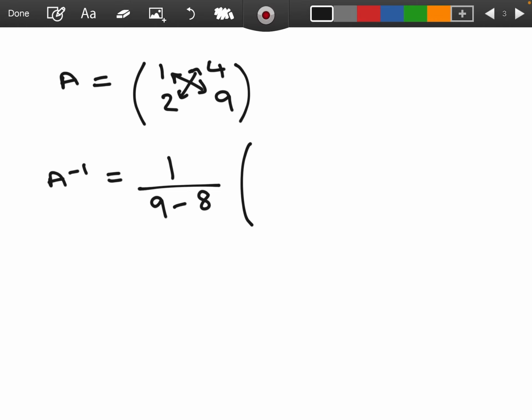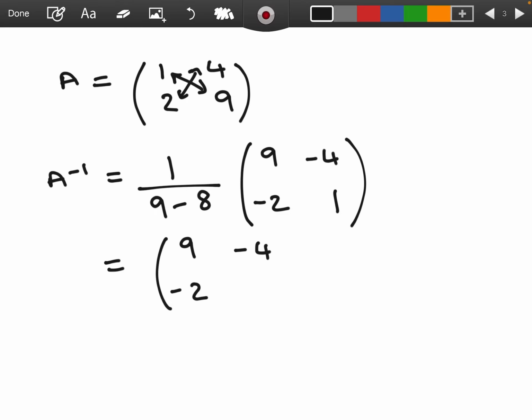And then we switch A and D and we make negative B and C. 9 minus 8 is just 1, so 1 divided by 1 gives me 1. And then that just leaves me with that matrix, which is exactly what we found by doing this Gauss-Jordan on those matrices put together with A and the identity.